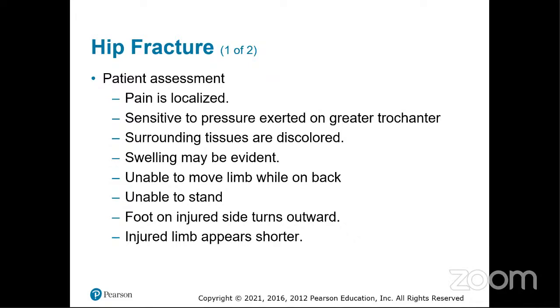Well, a hip fracture and a femur fracture are pretty well the same thing. That femur is not where it's supposed to be, so that's why it's turning that way. Usually on a hip fracture, you don't see that limb shortened. If it is shorter, it's not usually obviously shorter like the femur fracture is.